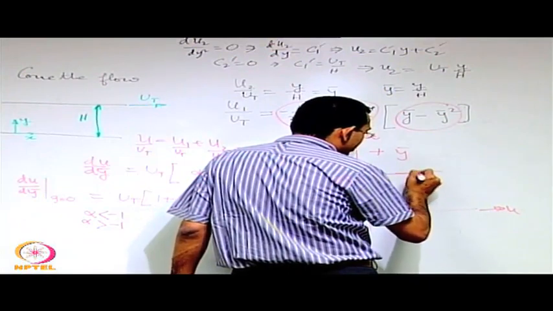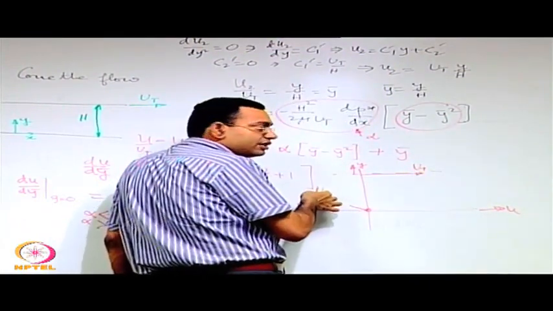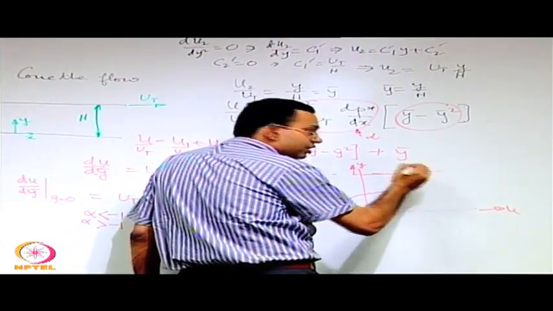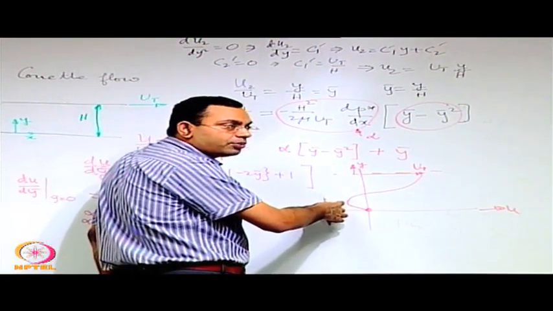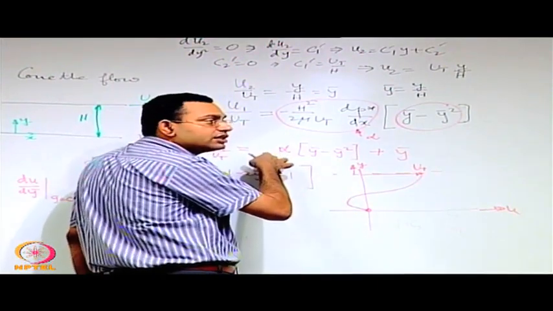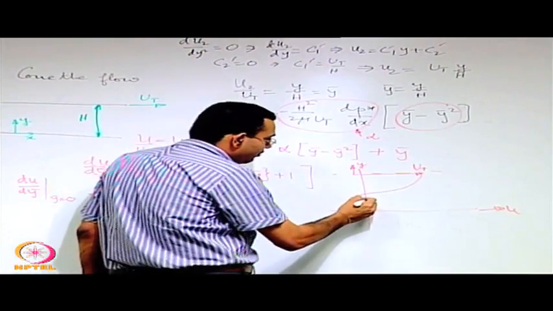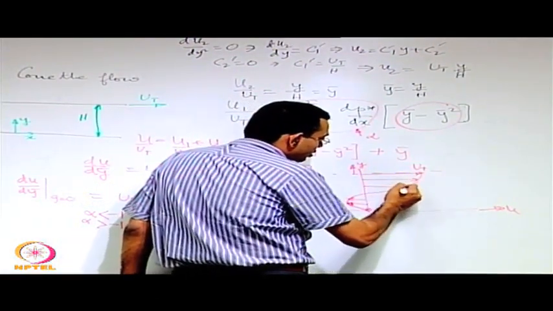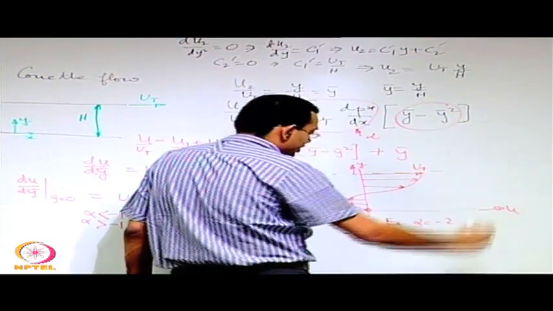So somehow this started with a negativity, but it has to match with here. So it must somehow cross this axis. So in the process it will have a sort of minima at a point, which you can easily find out by differentiating u with respect to y and setting it to 0. So you are having a case where you may have a sort of backflow. Say this is an example with alpha equal to minus 2.